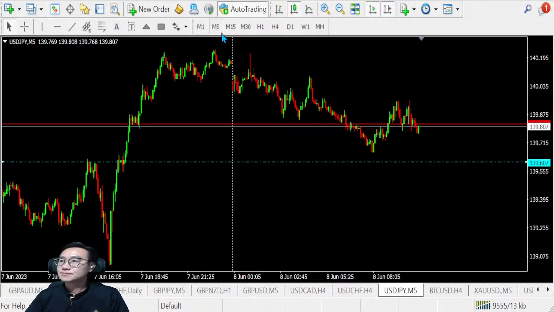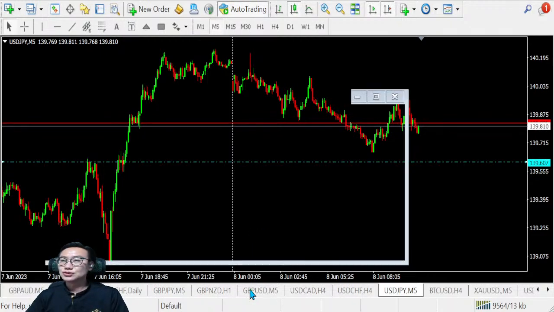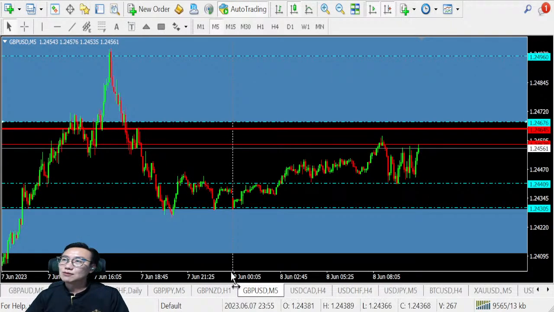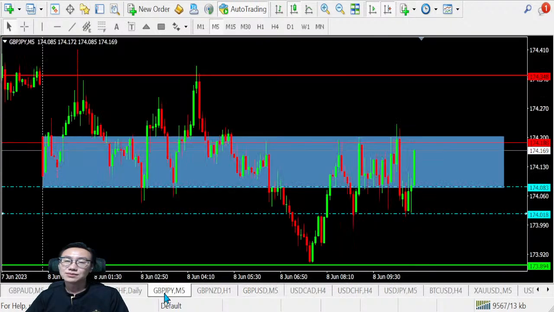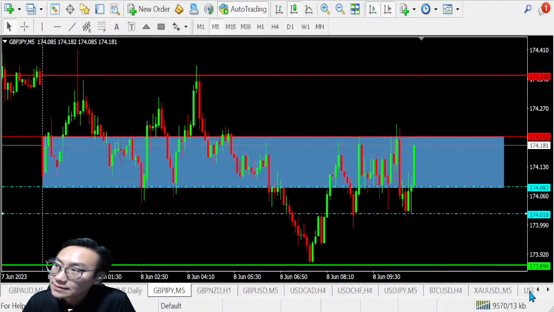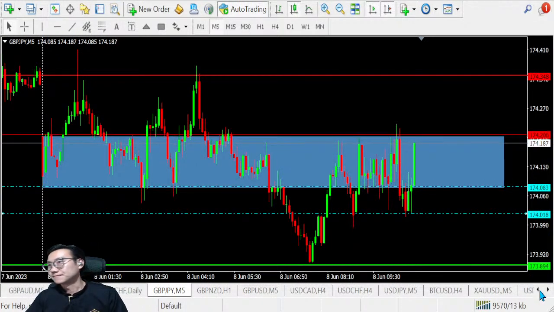Okay, so let's see. Our dollar yen just now was about to sell down, but it went back again.